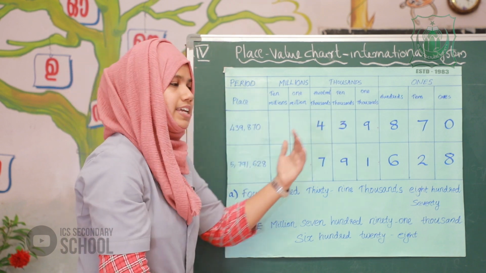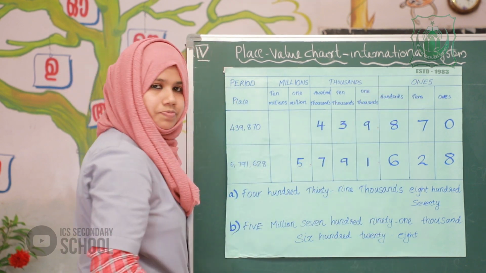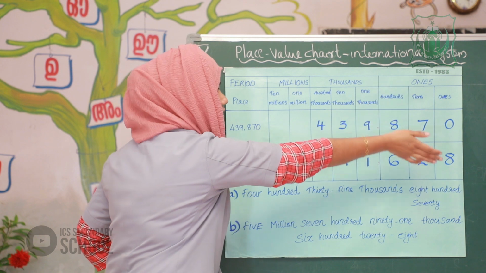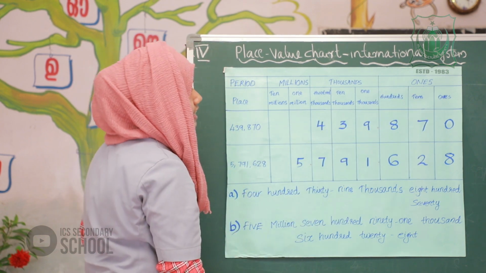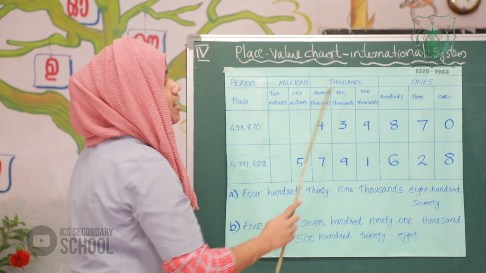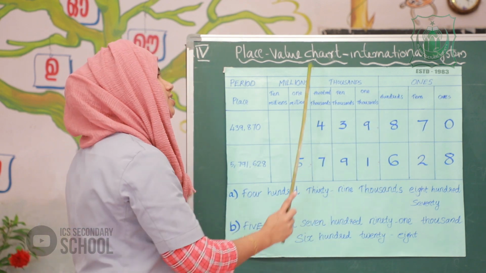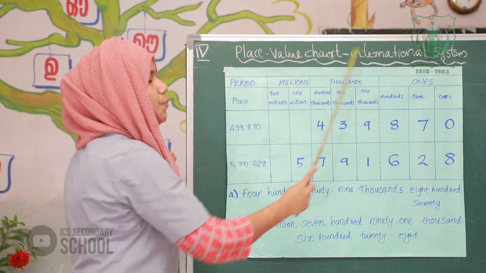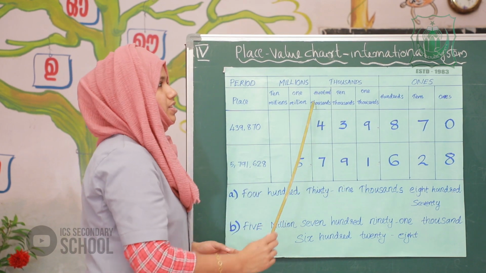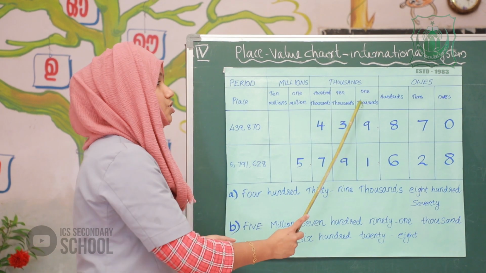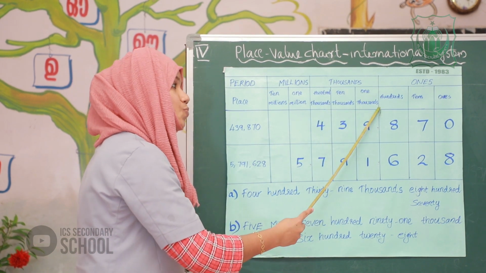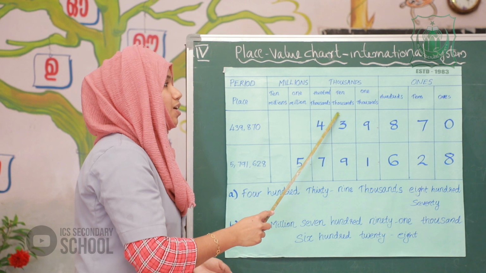The first one is like the Indian system, that is ones. It is again divided into 3 subgroups: ones, tens and hundreds. In the Indian system also the first is ones. Next, thousand. In the Indian system, the thousand period consists of 2 columns, that is 1000 and 10,000.